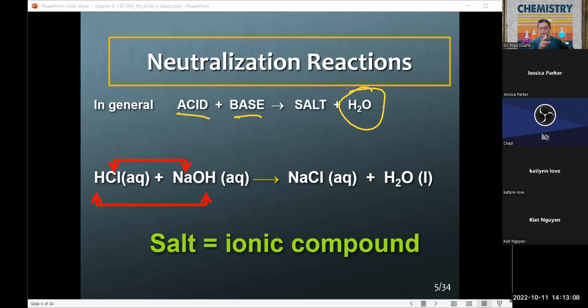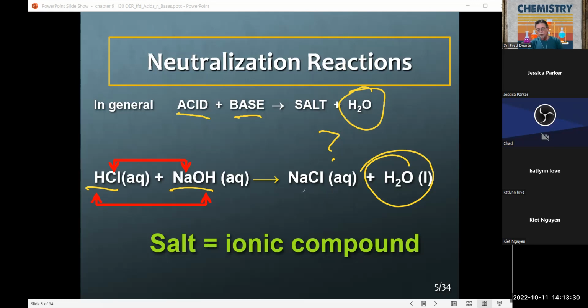So if you're given this reaction, hydrochloric acid plus sodium hydroxide reacts and they get a question mark at the end. Well, you recognize you're dealing with an acid and you're dealing with a base. That tells you automatically I'm making water, because you're neutralizing the acid and the base.